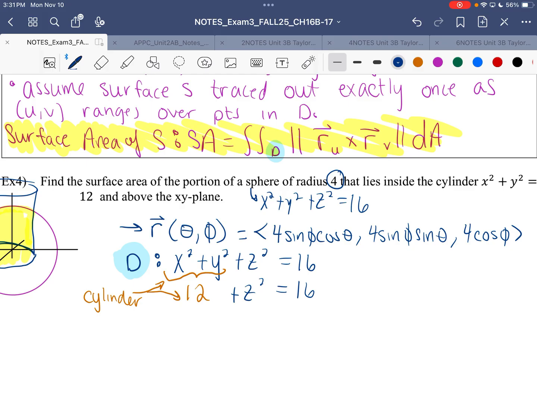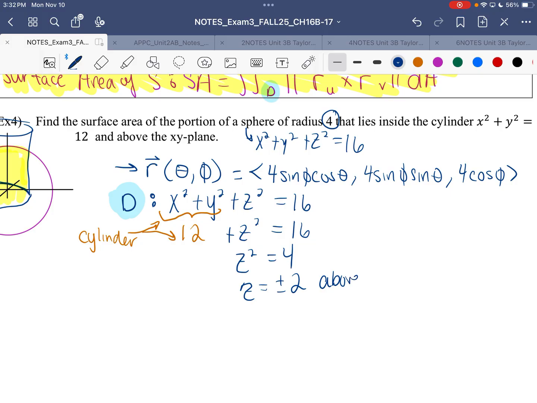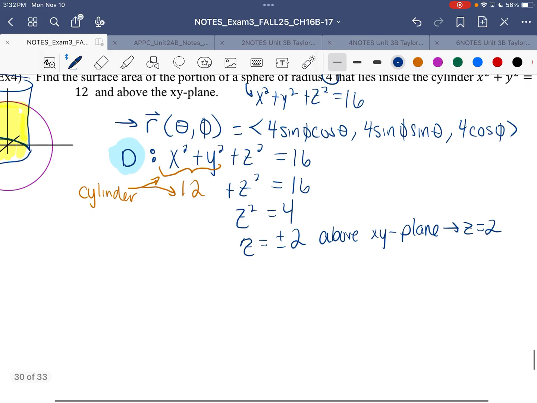So where the sphere is intersecting the cylinder is what I'm trying to find. All right, so you get z is equal to plus and minus 2. We are dealing with being above the xy plane. So what do you think? Positive or negative 2? Positive 2. Okay.